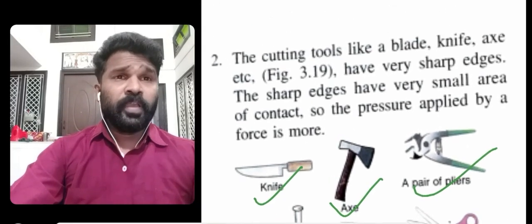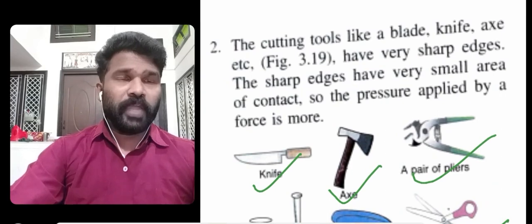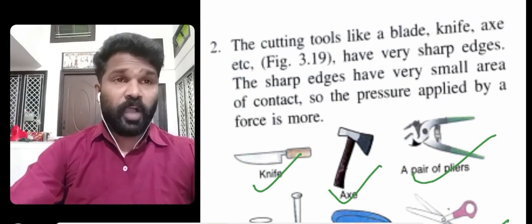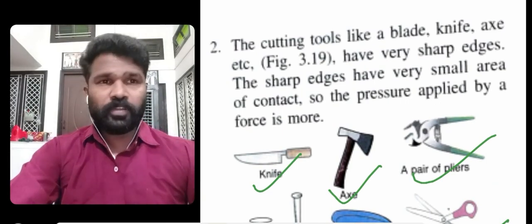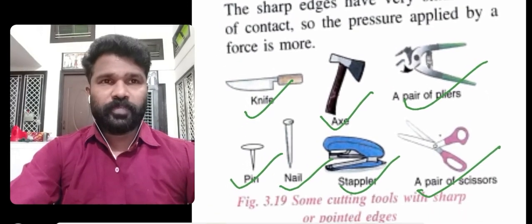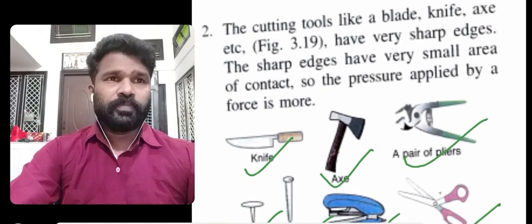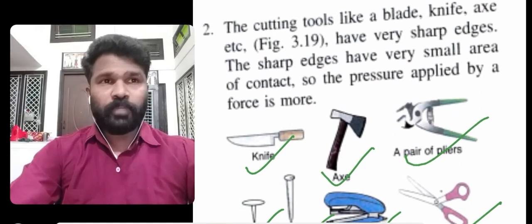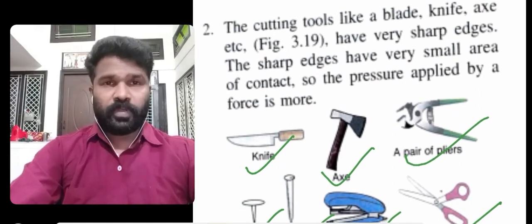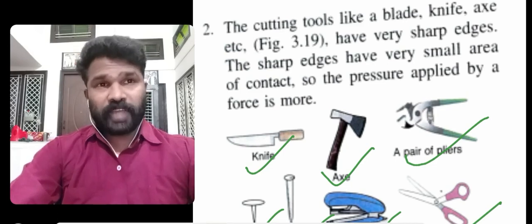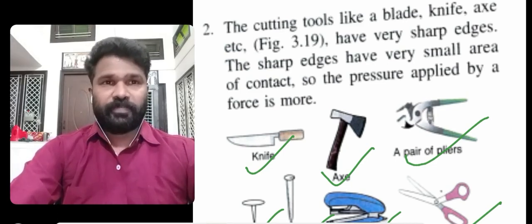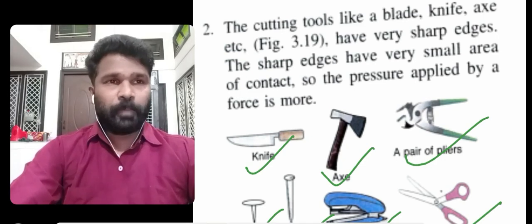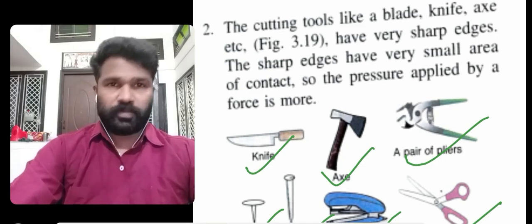The cutting tools like blade, knife, axe, etc. have very sharp edges. Why? The sharp edges have a very small area of contact, so the pressure applied by a force is more.